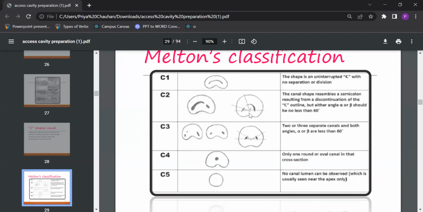This is C2. In C3, there are two or three separate canals and both angles alpha and beta are less than 60 degree. इसमें क्या होगा? No less than 60 degree. इसमें less than 60 degree. So C4 is only one round or oval canal in cross section. सिर्फ एक single round canal. Next one is C5. No canal lumen can be observed, which is usually seen near the apex only.